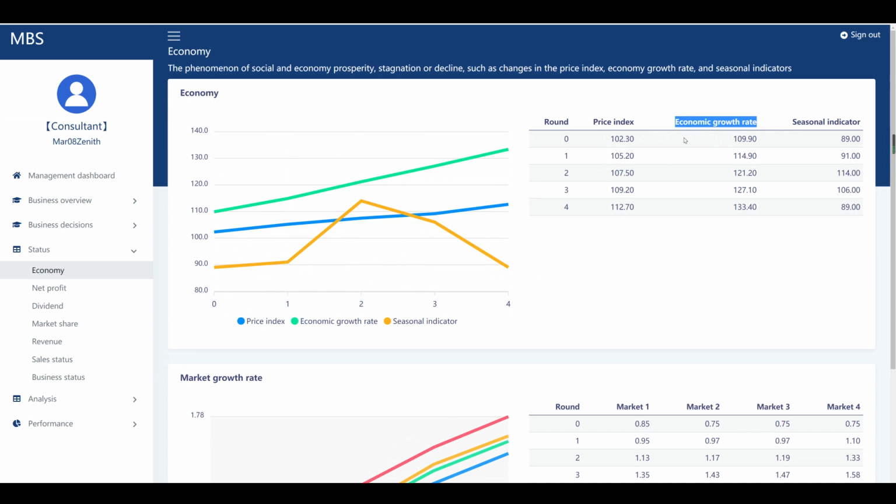So we shouldn't ignore the changes in these figures. And there is a direct impact on the economic growth rate where it shows the difference between quarters. And as you see for this round, the growth rate from quarter to quarter is about 5% difference.